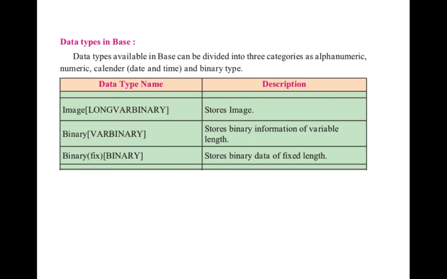Usually the audio files, video files, attachments, and image files get saved in our binary data type. So these are the various data types given in your chapter.